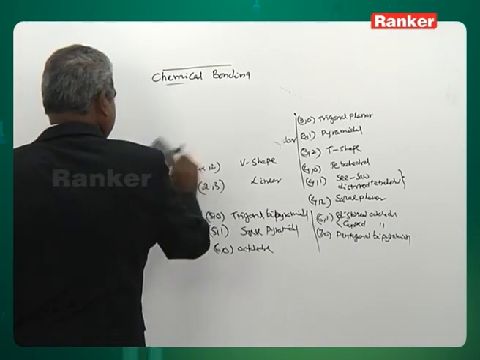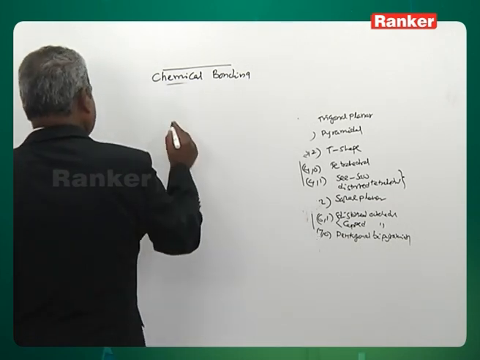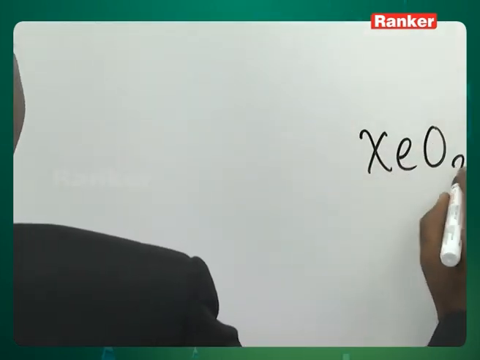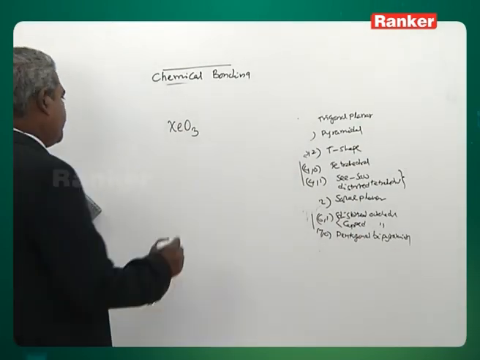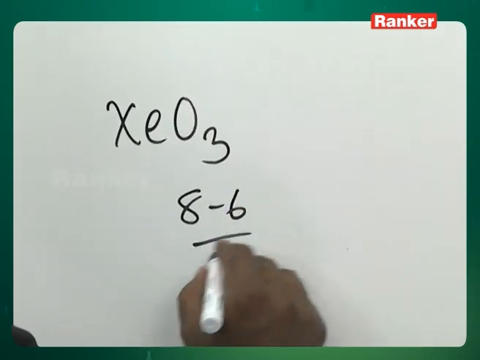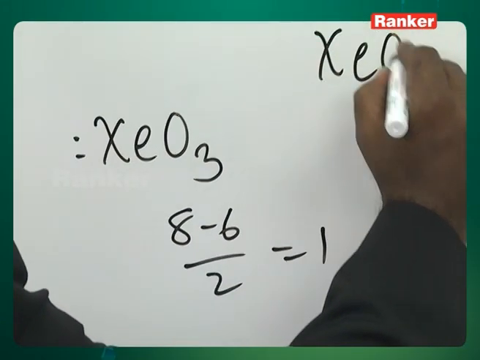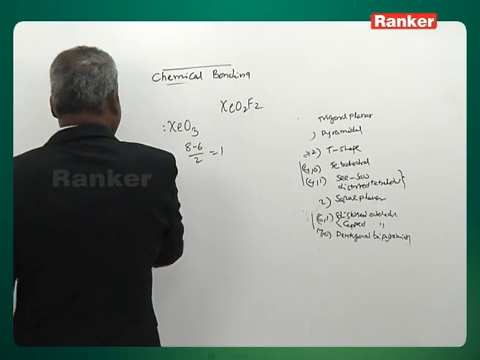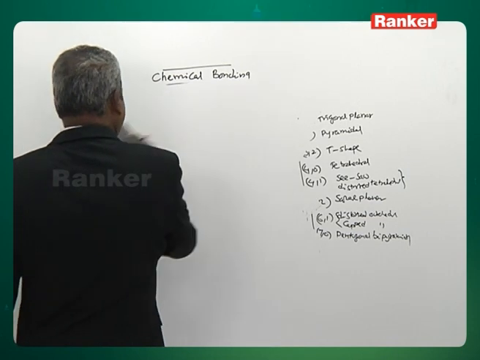Like that, you can take your own example and find yourself. XeO3: 8 minus 6 by 2, one lone pair. XeO2F2, the shape of XeO2F2. This question was given in IIT 2012.